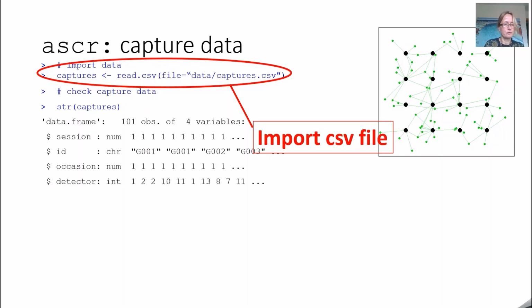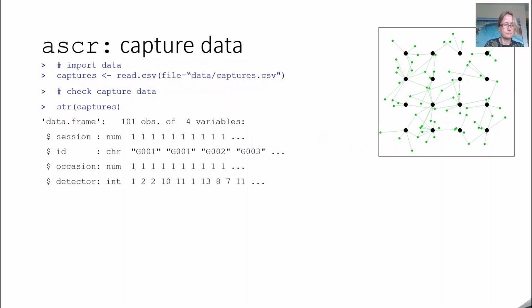The structure function, str, will give you an idea what the structure is of a particular object. The object we want to have a look at is captures. This is a data frame with 101 observations of 4 variables.